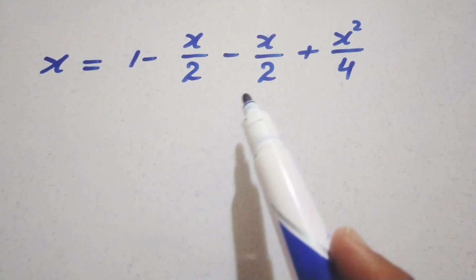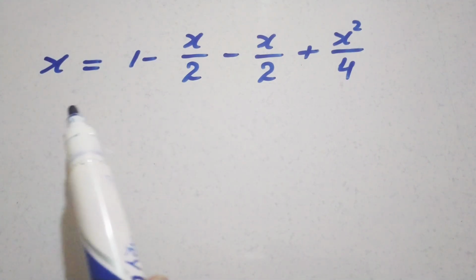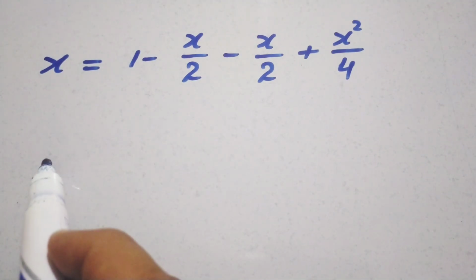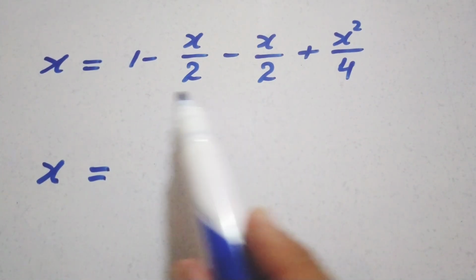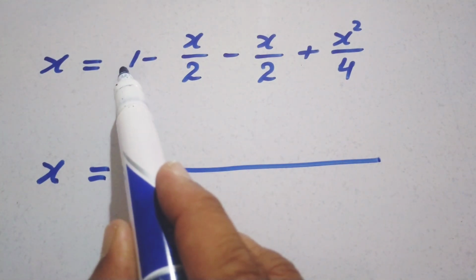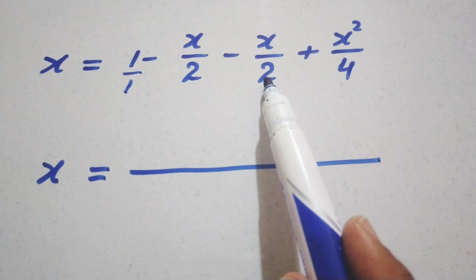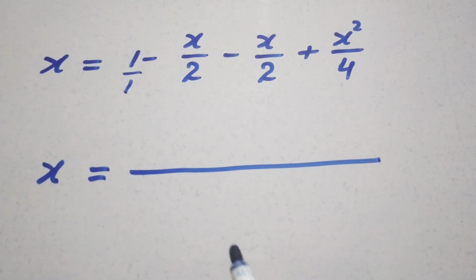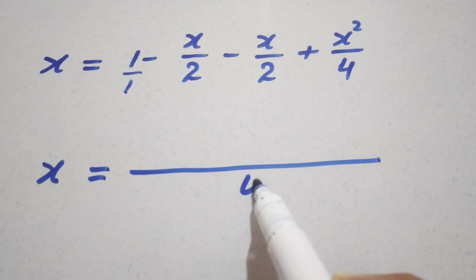Now taking LCM of the right hand side or multiplying both sides by 4. By taking LCM of the right hand side, at the denominator of 1 there is 1, and x by 2, here 2 and here 4 are the denominators, so the LCM of these numbers is 4.